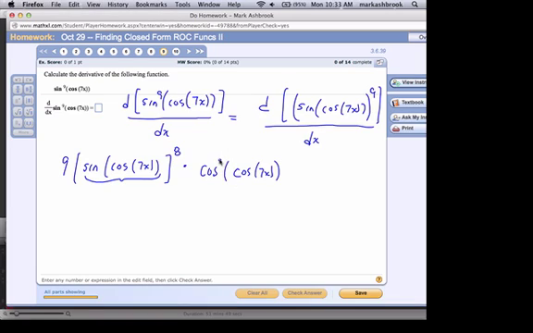Okay, so we're doing the rate of change of this, which is its own chain rule, so it's going to be cosine of the interior function as it is, times what? Times the rate of change of the interior function, which would be minus sine of 7x times the interior rate of change of 7x, which is 7.